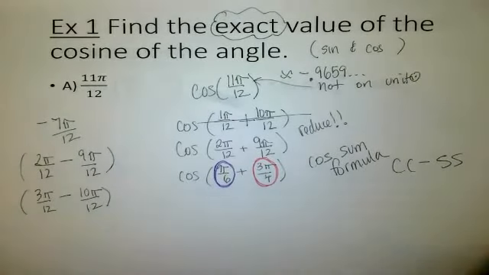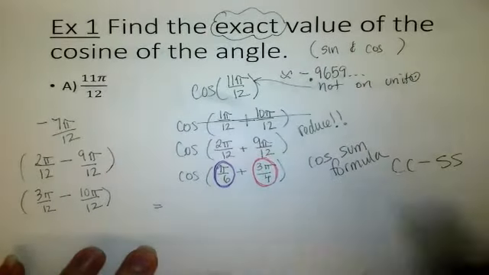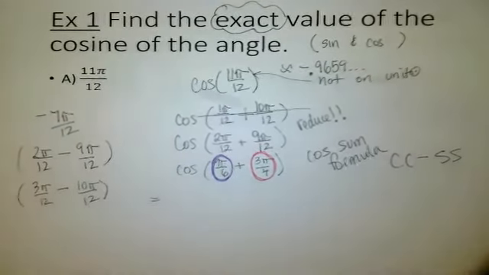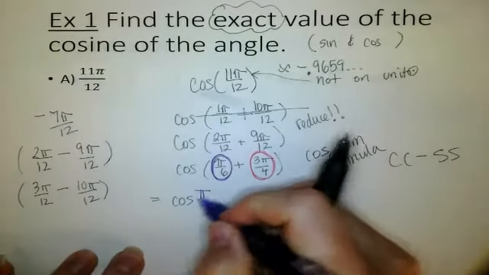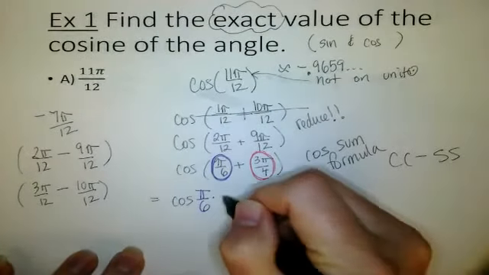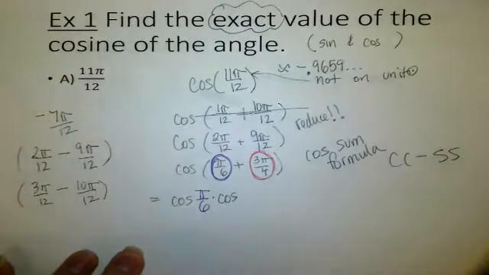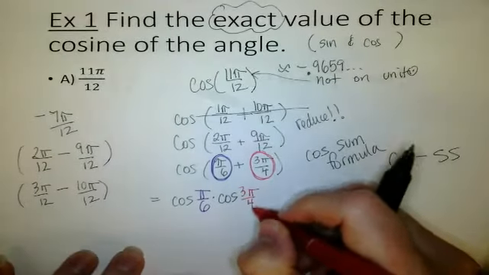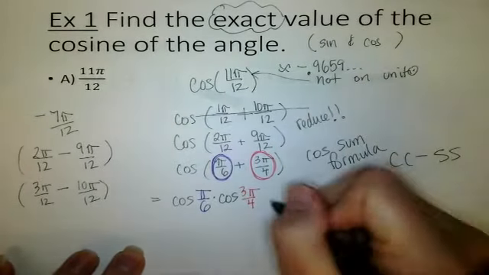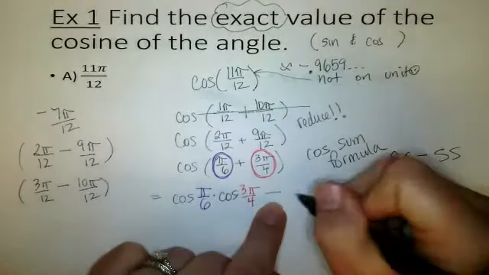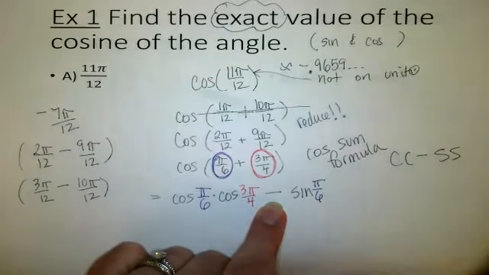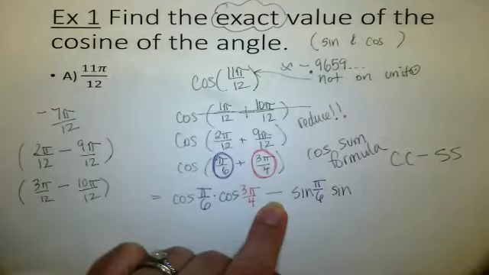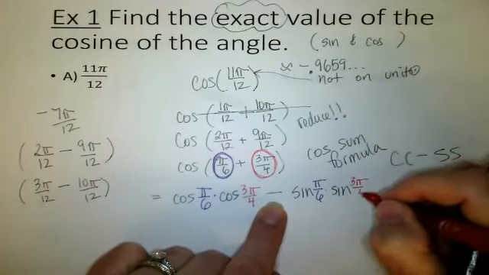Now, we can expand it, and I call it an expansion because it is getting larger. We want cosine of the first angle times cosine of the second angle, change the sign, minus sine of the first angle, pi over 6, times sine of the second angle, 3 pi over 4.